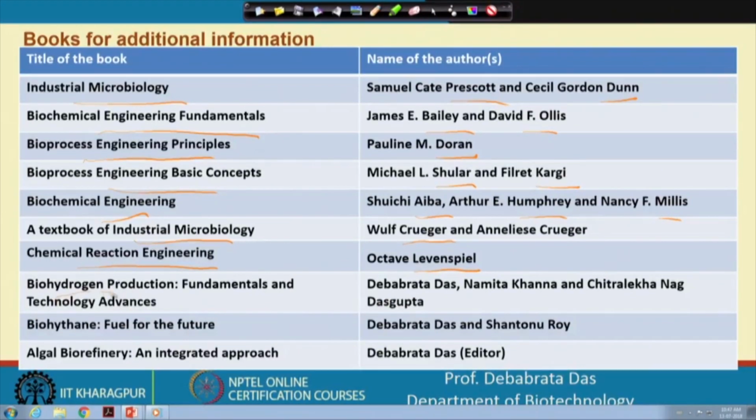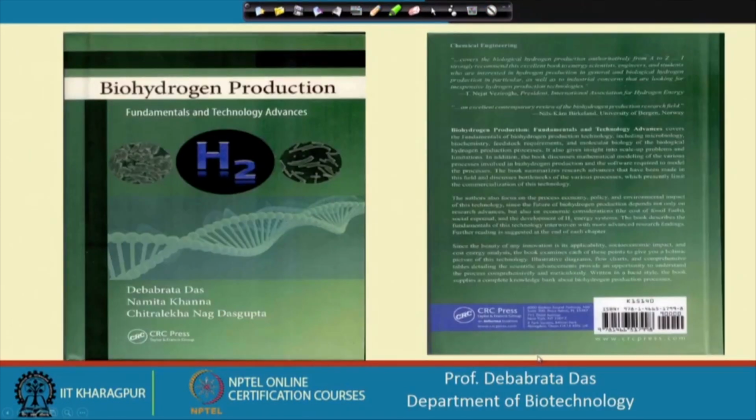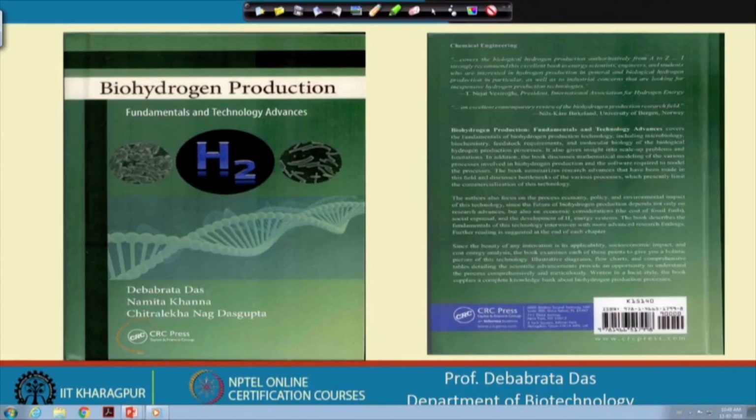One is Biohydrogen Production: Fundamentals and Technology Advances, Biohydrogen: Fuel for the Future, and the Algal Biorefinery: An Integrated Approach. These are the books that we have published, published by CRC Press.